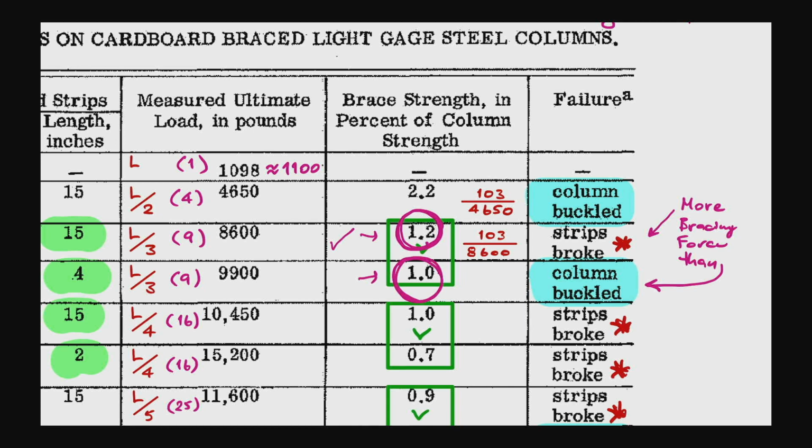But actually the brace force is controlled to be 103. The difference is caused by the 103 divided by the 9900. The denominator is changing, but the numerator is maintained to be the same.